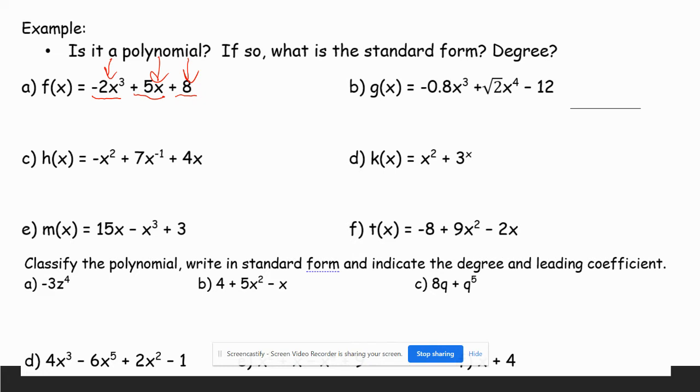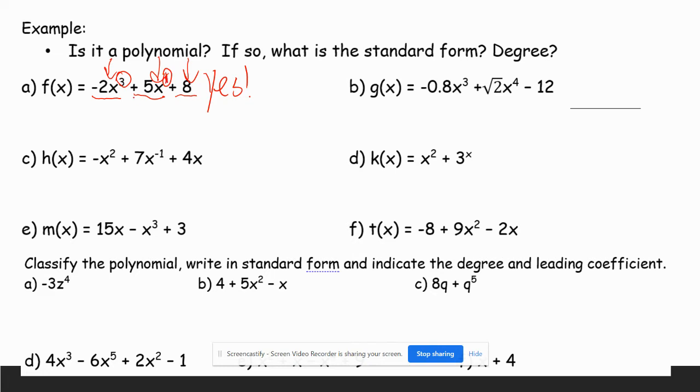We have an exponent of a third power and a first power. Those are positive whole numbers. And so, yes, this is a polynomial. Standard form means that we would write this in order from greatest exponent to least exponent.